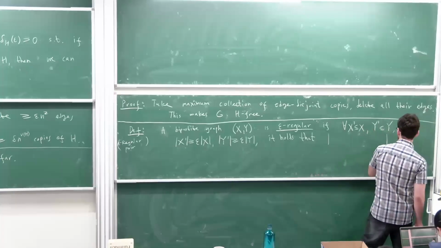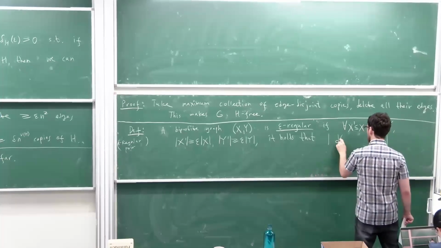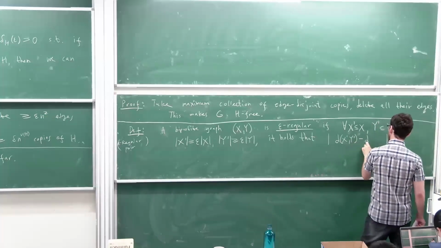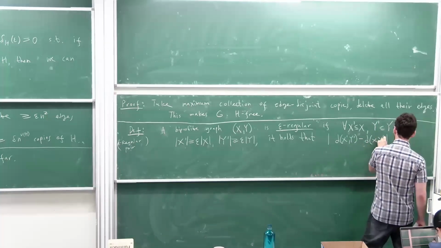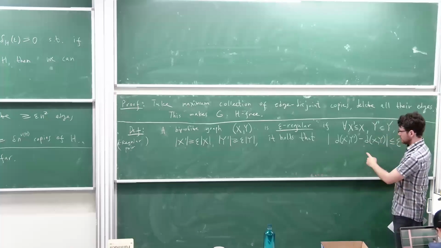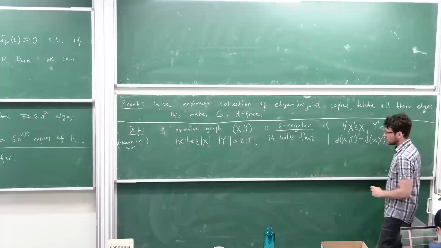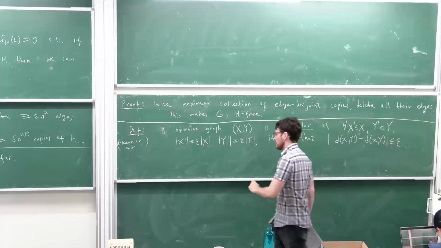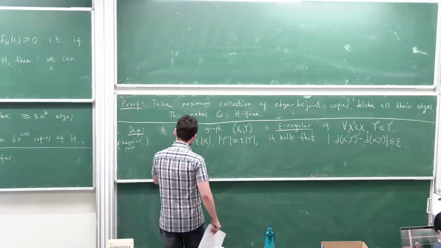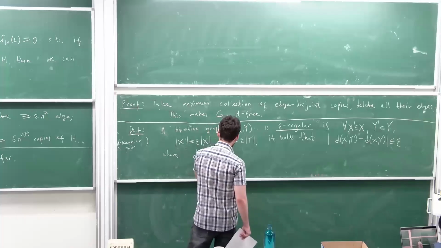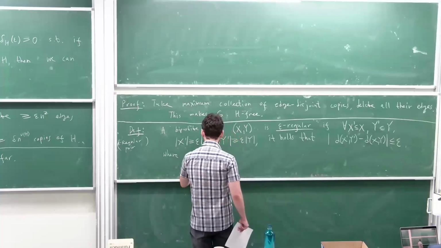So let me write it and then I'll explain. We have this inequality, and this notation D. So D of XY is the density.